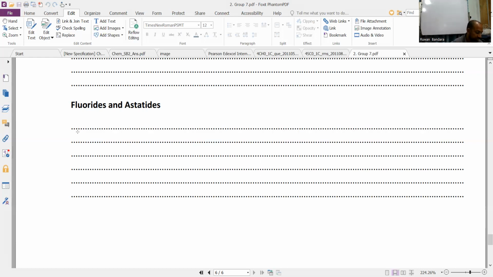Both hydrogen astatide and hydrogen fluoride form H+, an acidic solution, when dissolved in water.